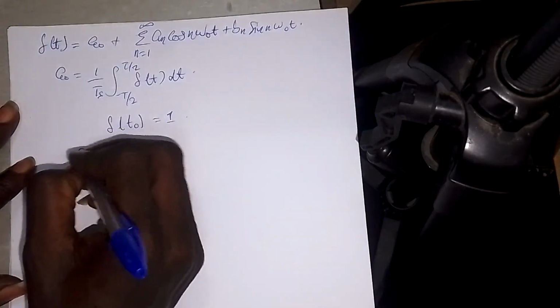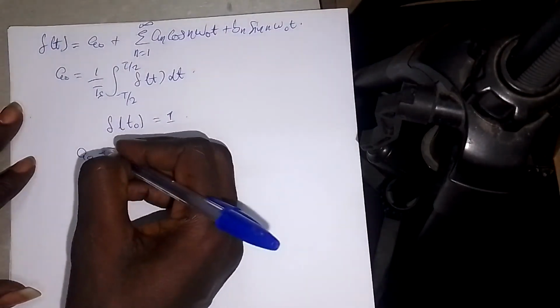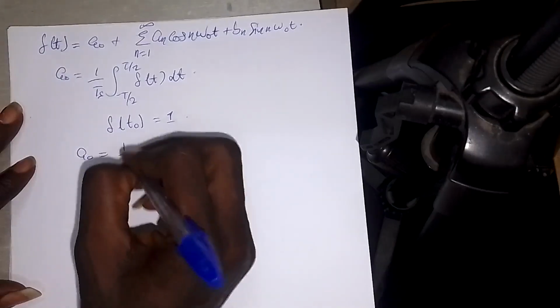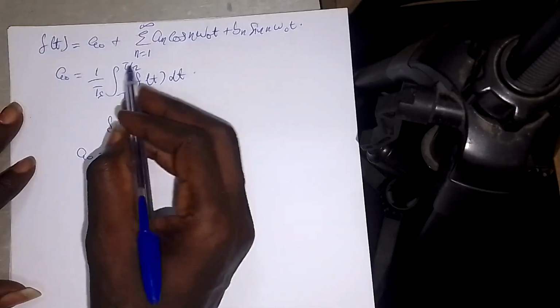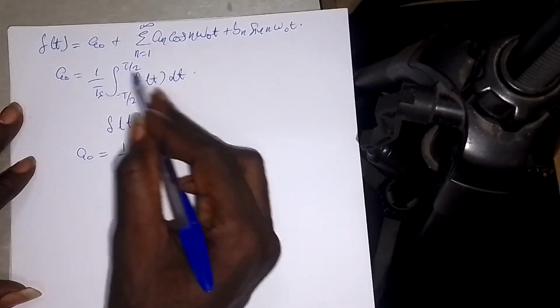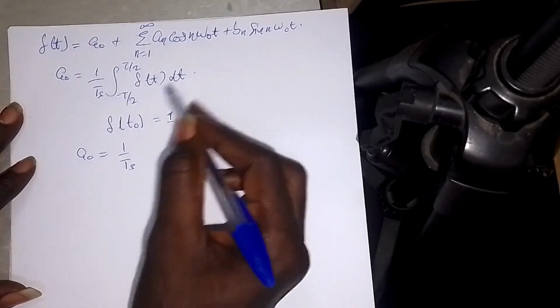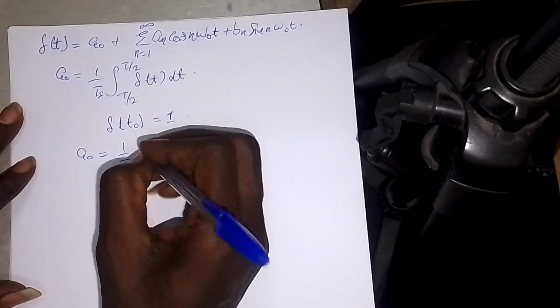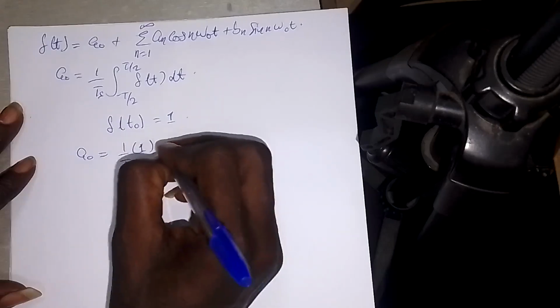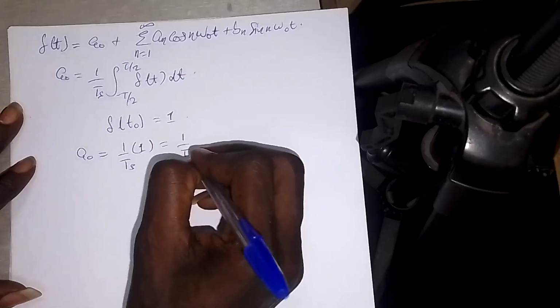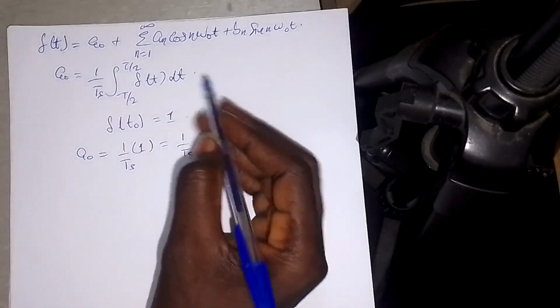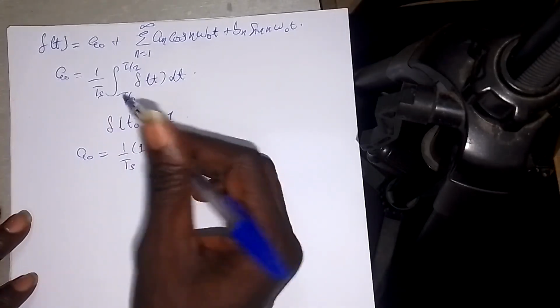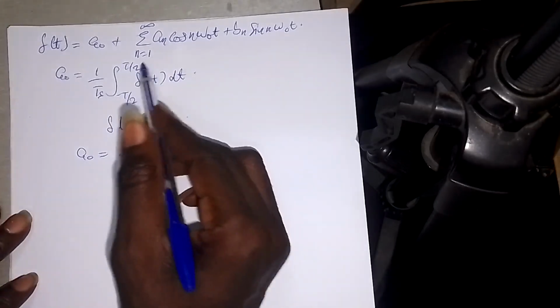So in that case, a naught is going to be equal to 1 over Ts. This is because impulse train signal occurs at an instance.